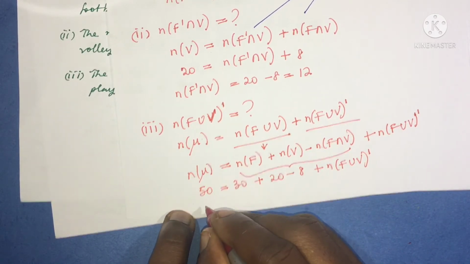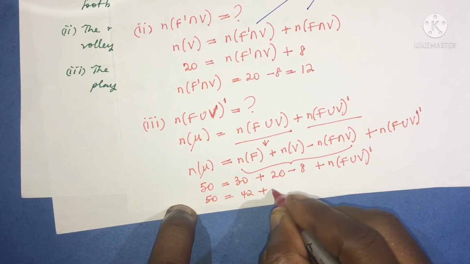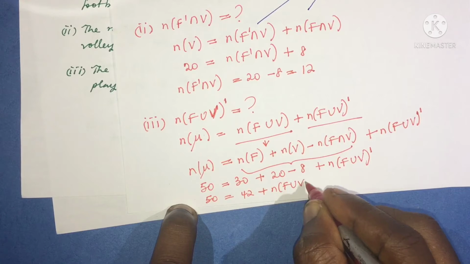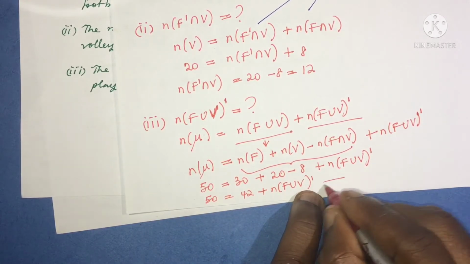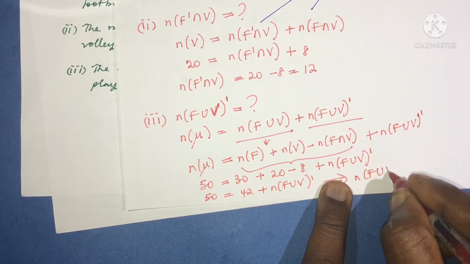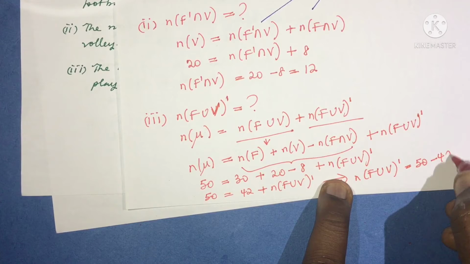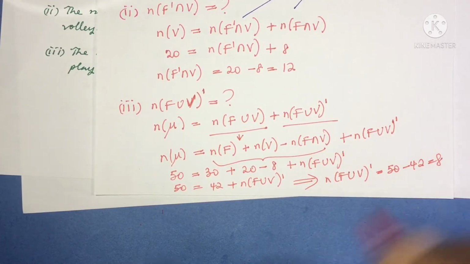So we have that 50 is equal to 42 plus n(F union V) all complement. And that implies that n(F union V) all complement will be equal to 50 minus 42. And that is 8. And that solves the problem, of course.